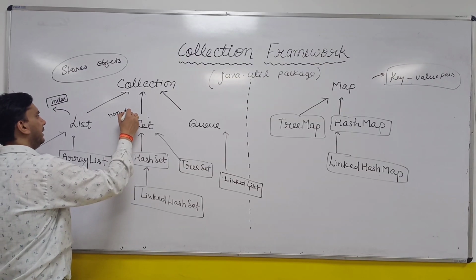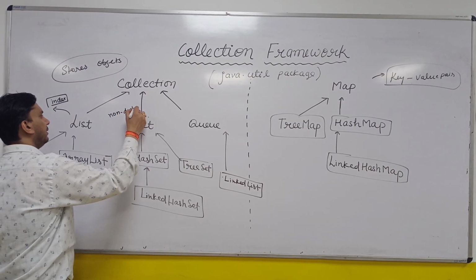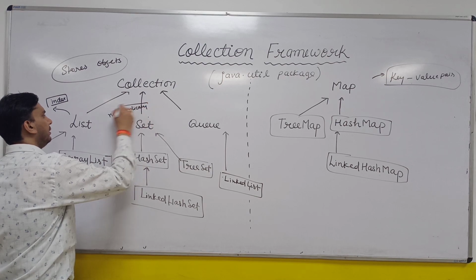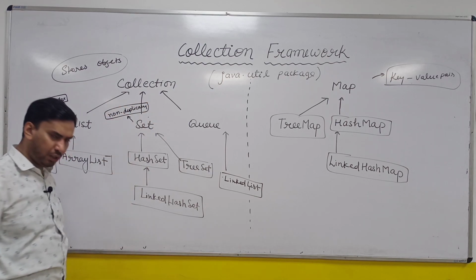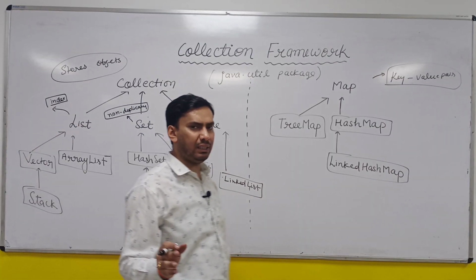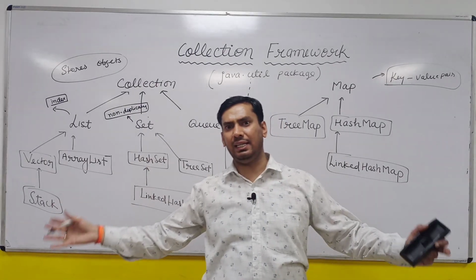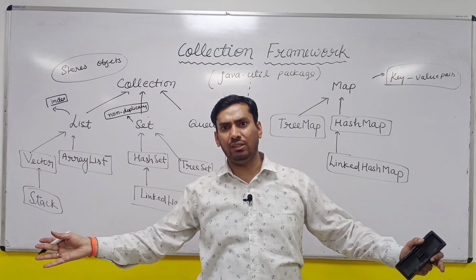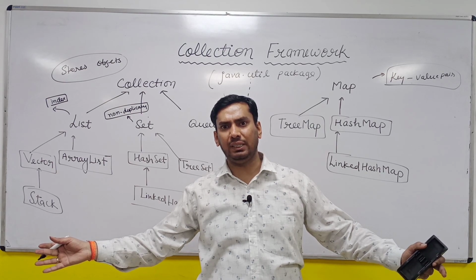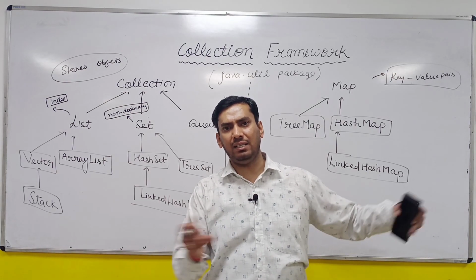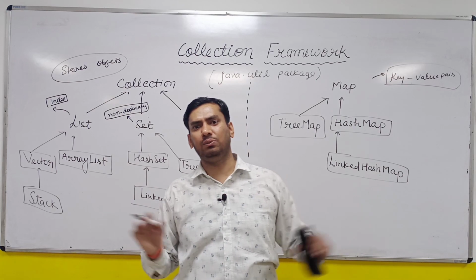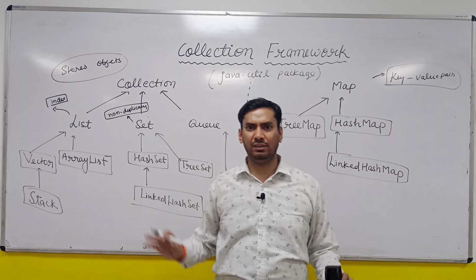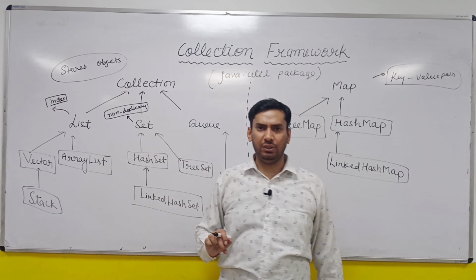So non-duplicacy is the beauty of this set. Automatically, you need not write any logic. If you are given an array and asked to delete all the duplicate elements, simply add the array elements in the set and get the elements, and you will get all the non-duplicate elements. So this is the beauty of the set.